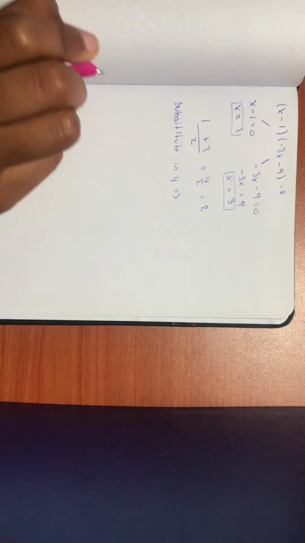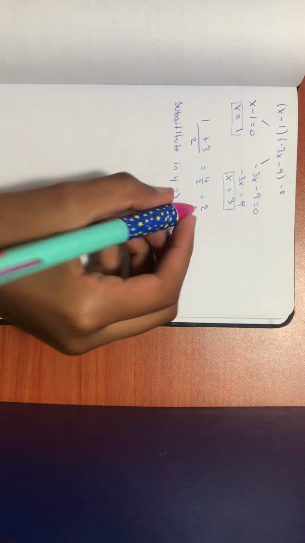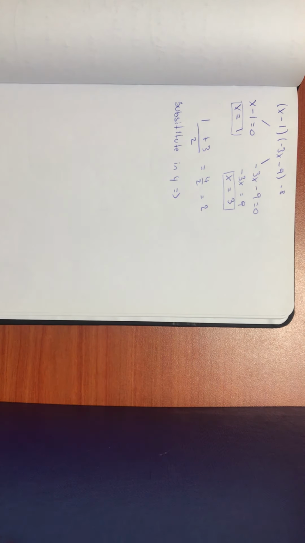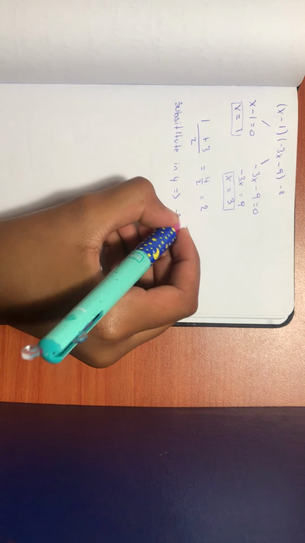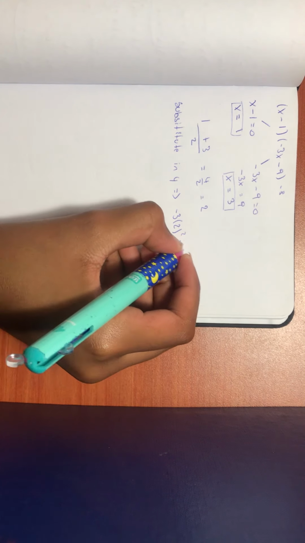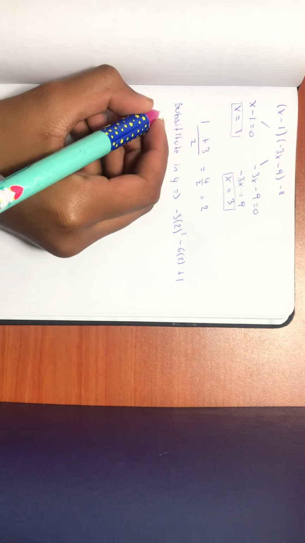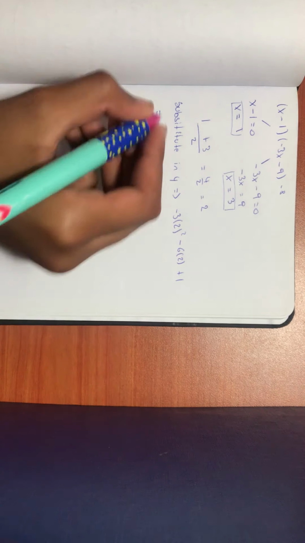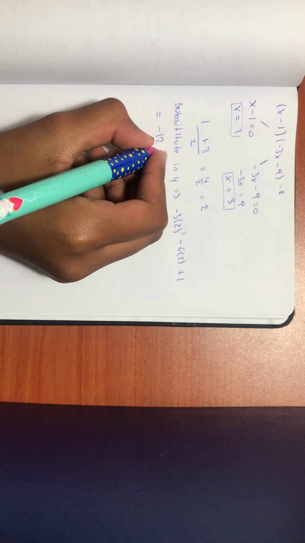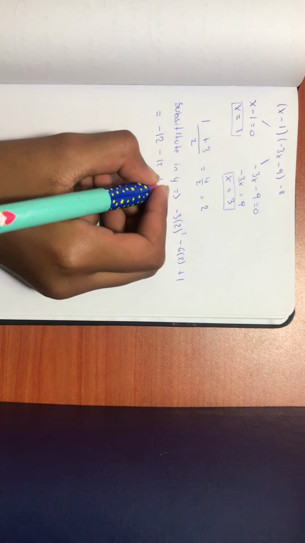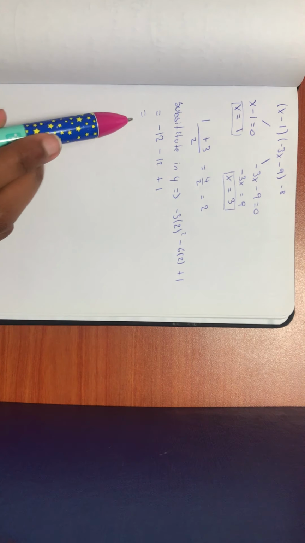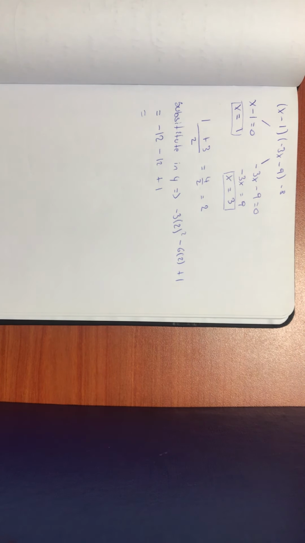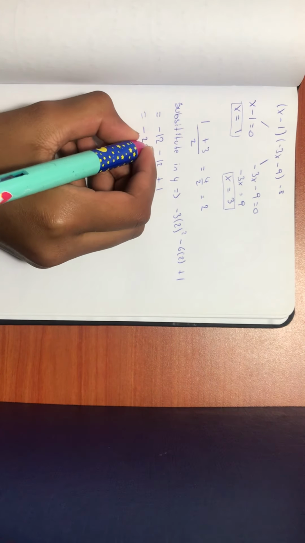So it's going to give me negative 3 times 2 squared minus 6 times 2 plus 1, which is going to be, that's 4, so negative 12 minus 12 plus 1, so negative 12 minus 12 plus 1 is negative 23.